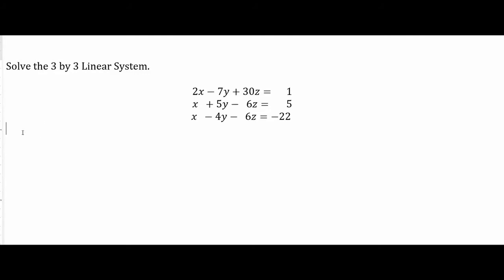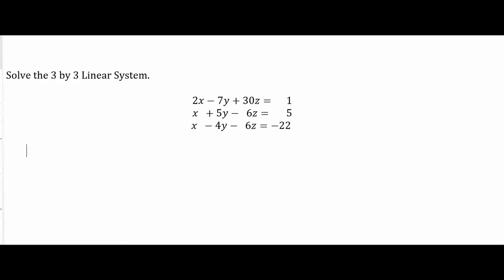So I'll do that by multiplying equation 2 by -2, and then add equation 1 to that. Similarly, I will add -2 times equation 3 and add equation 1 to that.